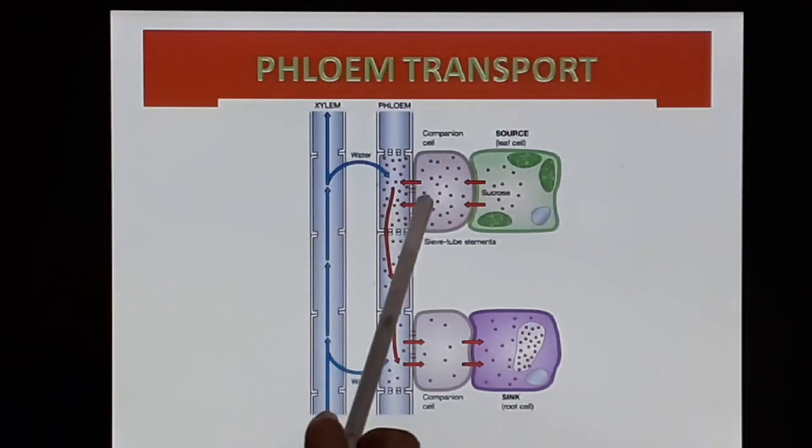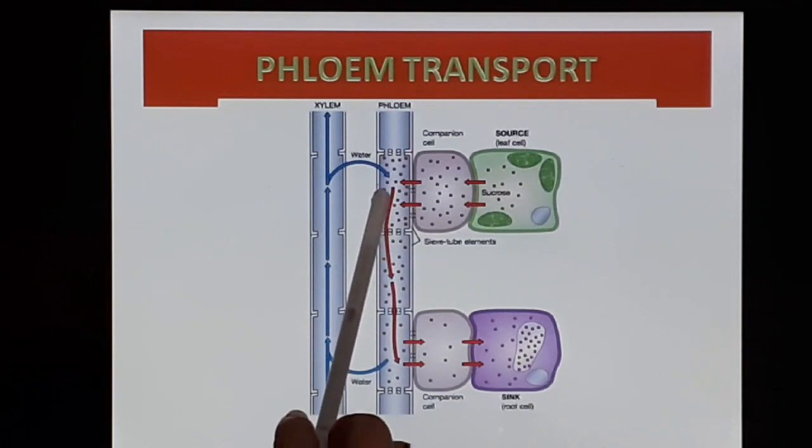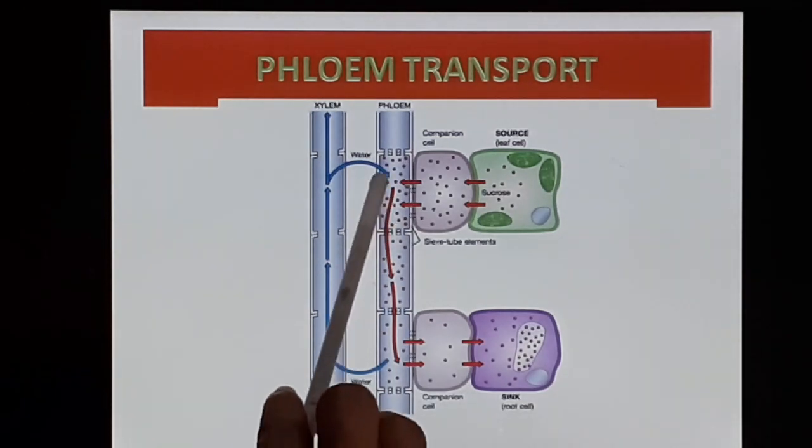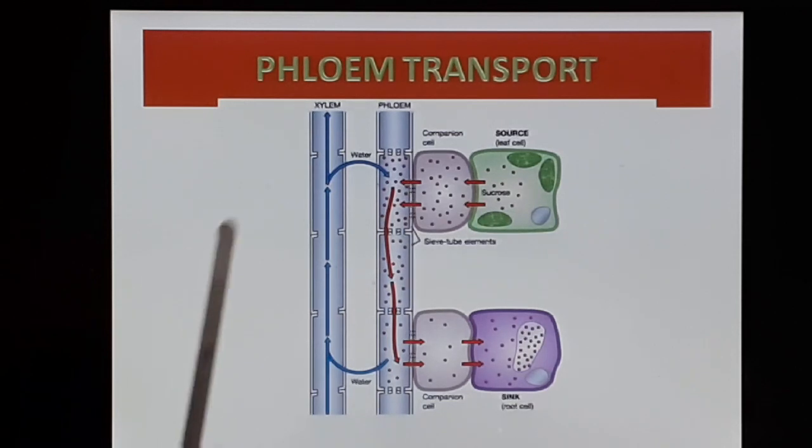When more sucrose enters the phloem cells, the water concentration of the phloem cells becomes lower than that of the adjacent xylem elements. Then water from the adjacent cells enters into the phloem.